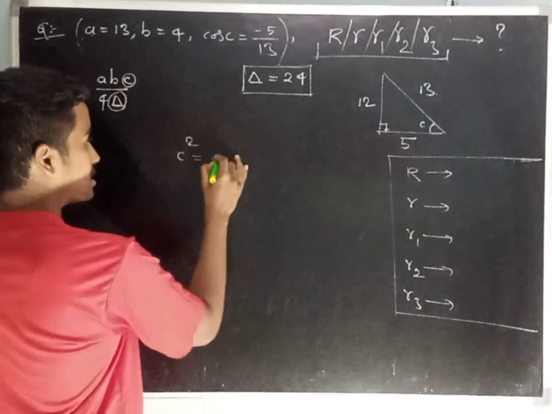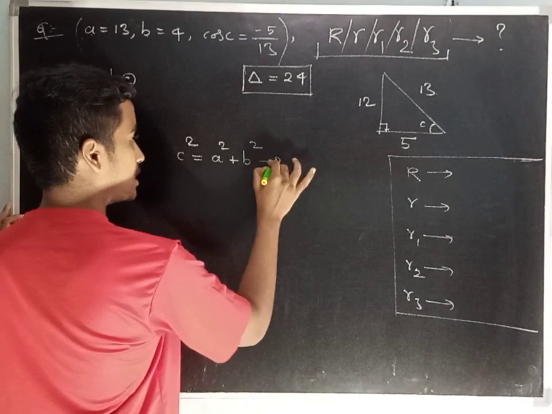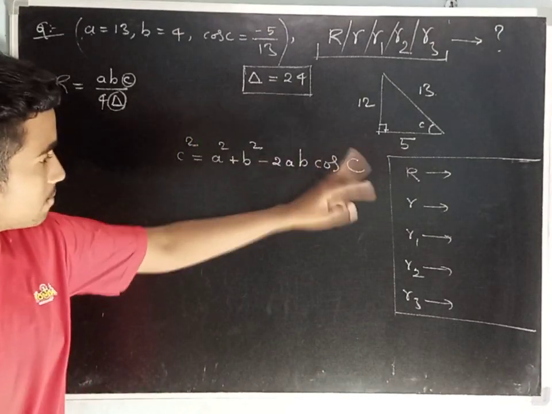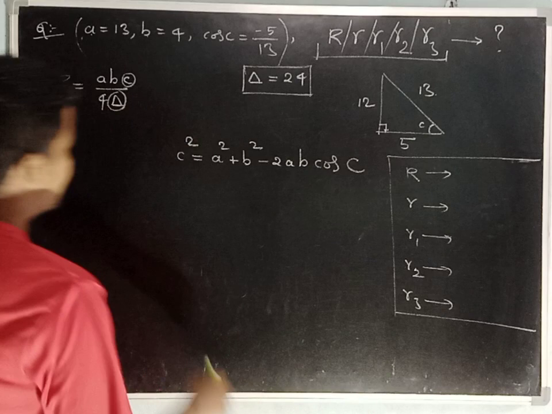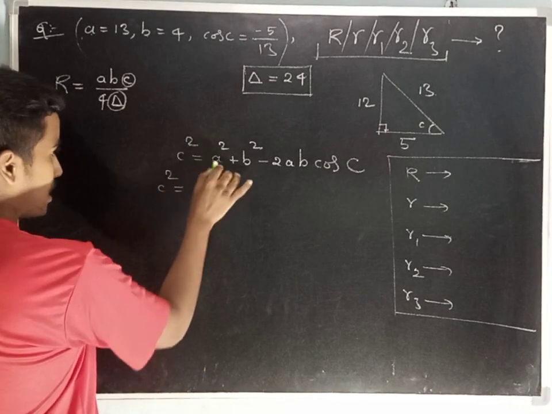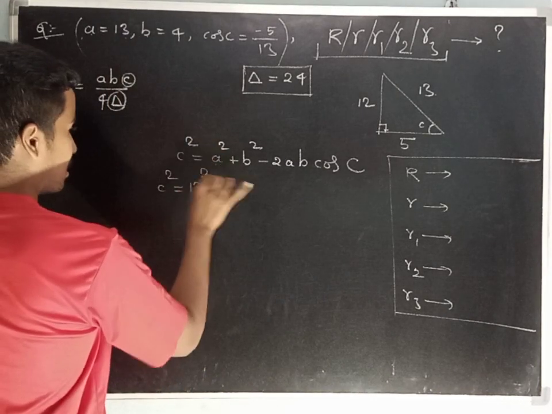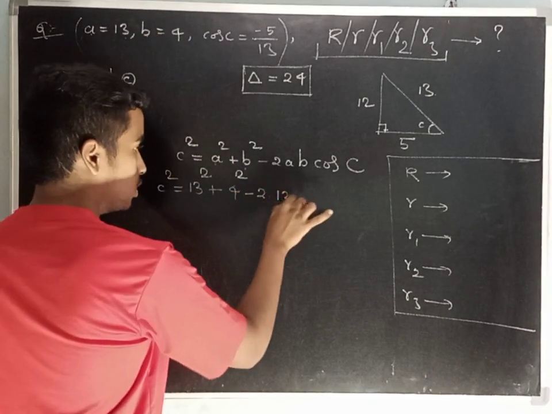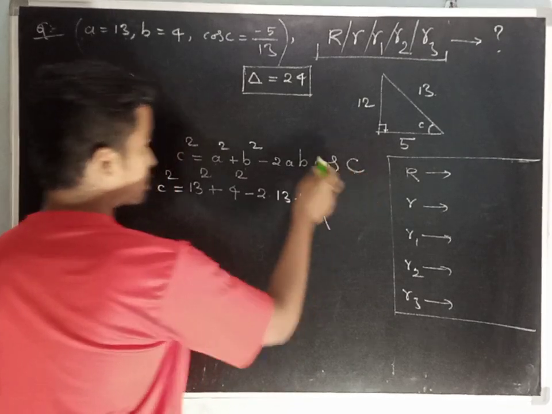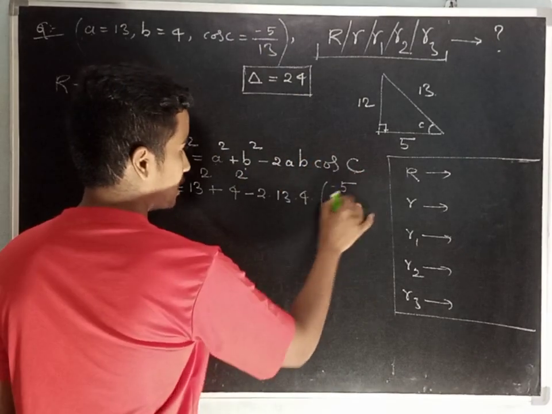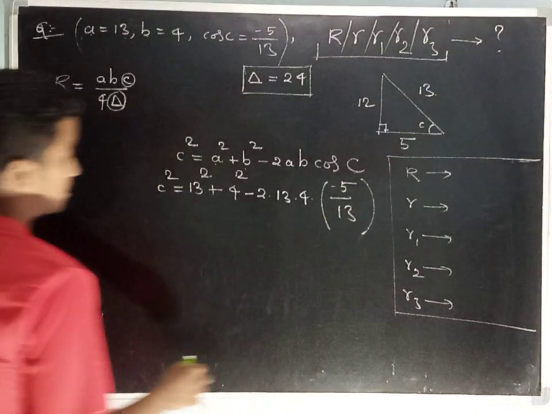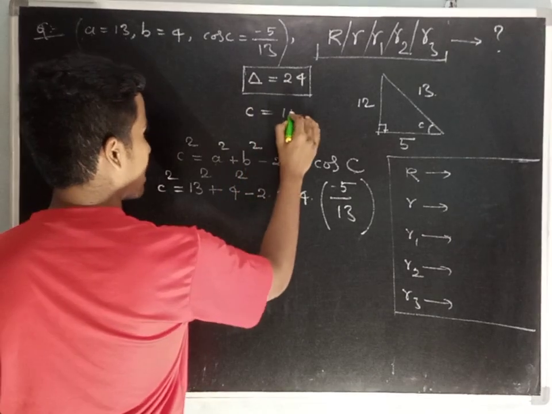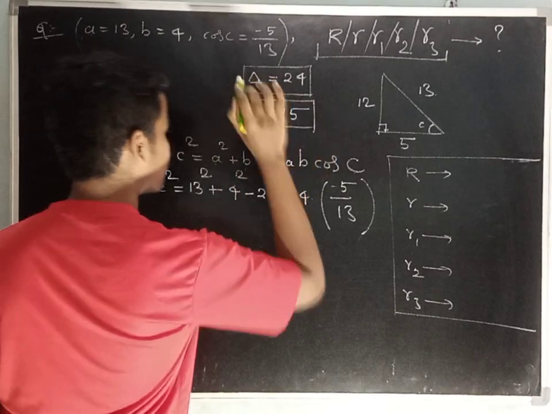The cosine rule says that C square is equal to A square plus B square minus 2AB into cos C. So C square is equal to 13 square plus 14 square minus 2 into 13 into 14 into cos C, where cos C is nothing but minus 5 by 13. After simplifying all this, finally we are going to get the value of C as 15.